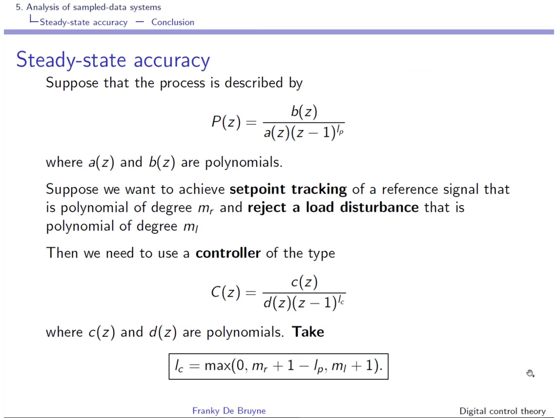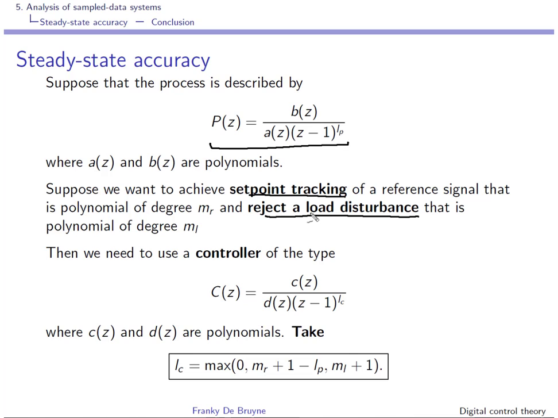So here's the conclusion, and here we consider both set point tracking and load disturbance rejection. We are given a process that is described as follows, and what is important is that this process has LP integrators.